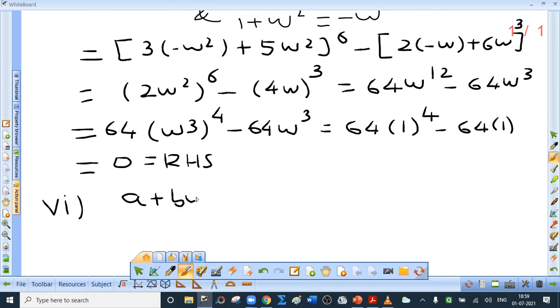Now the 6th sum can be solved using a number of methods. I am using this method.